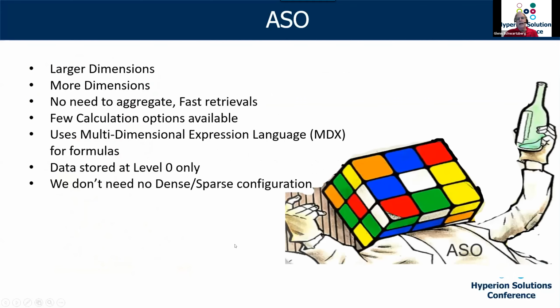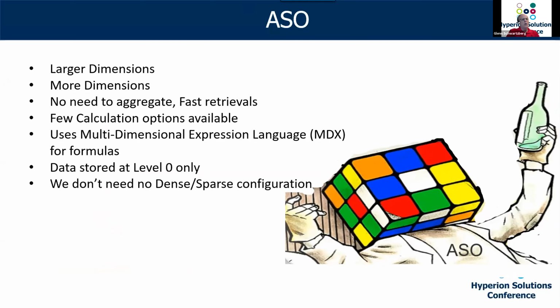So then we get into ASO, and ASO is a lot more freewheeling, as you can see by my picture. We can have much, much larger dimensions. One of my clients has a dimension that has 23 million members in it.